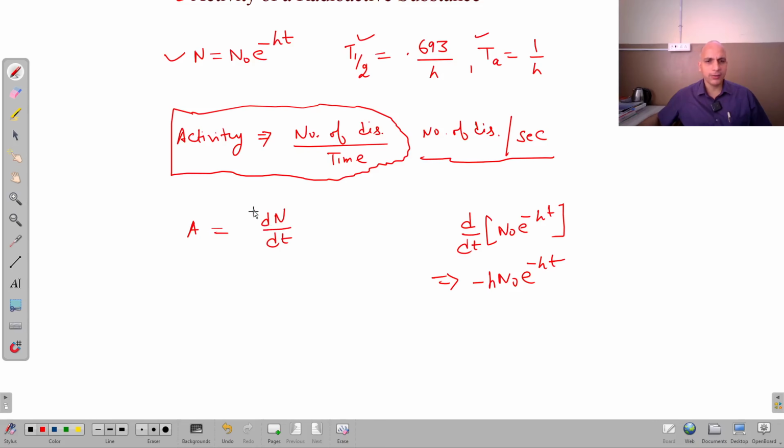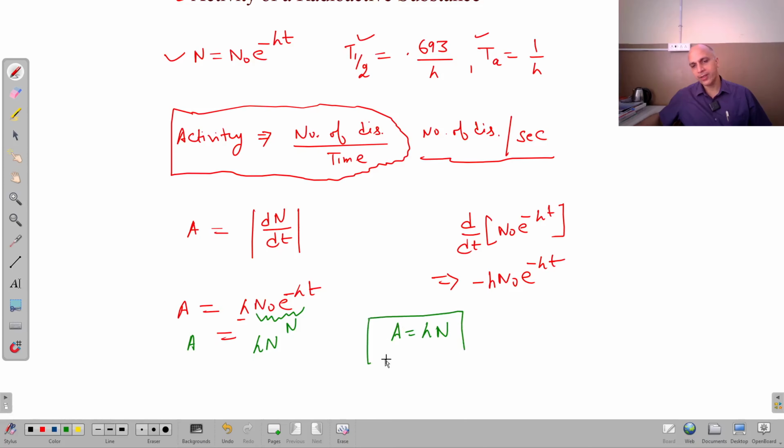For activity I have to take the magnitude, otherwise a negative sign will be there. So activity becomes lambda N naught e raised to power minus lambda t. This term N naught e raised to power minus lambda t is N. So I can write activity is equal to lambda into N. This is one way of writing the activity.